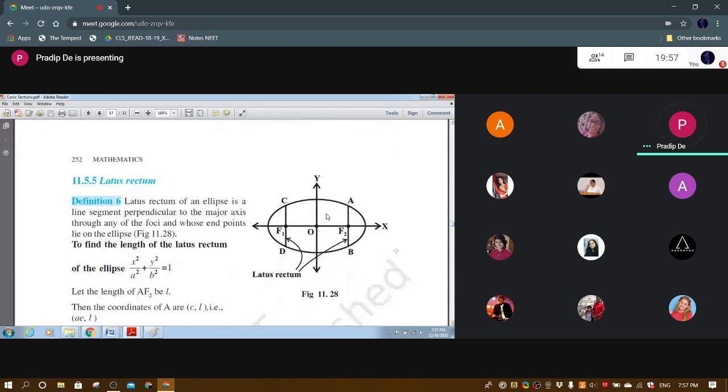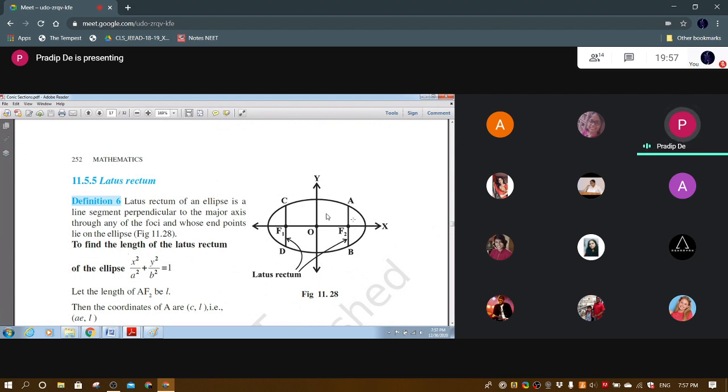So you can see the focal chords AB and CD. AB and CD, these are two focal chords which are perpendicular to the major axis. So these are known as latus rectum, in plural, latera recta. AB is a latus rectum. AB and CD are latera recta of the ellipse.